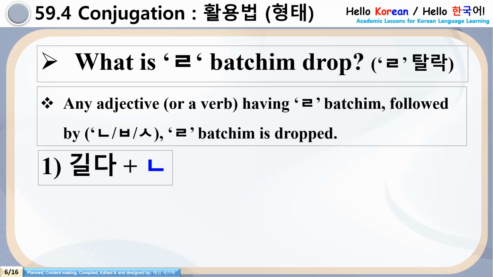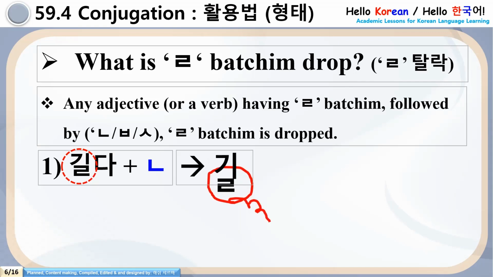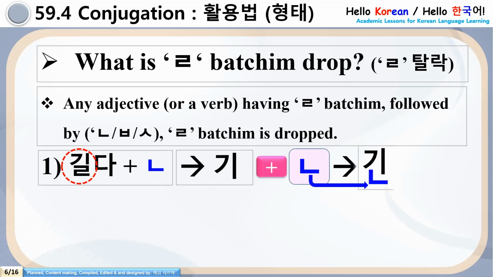As there is a la pachim, we have to add na only. So what will happen here? Pachim is la. First step, remove this la. Now add na. So it will be kin like this. So khilda will be kin.